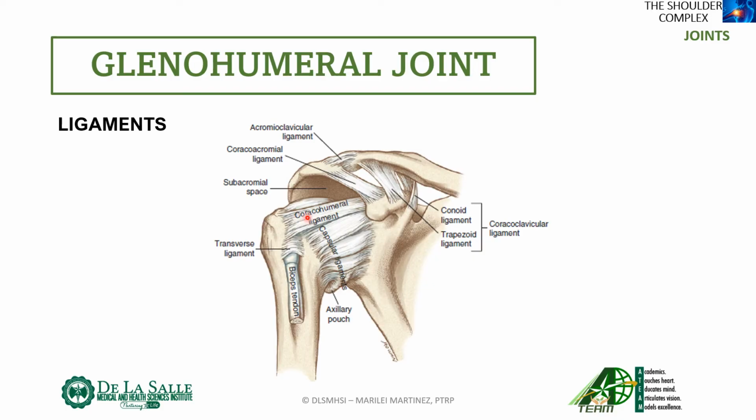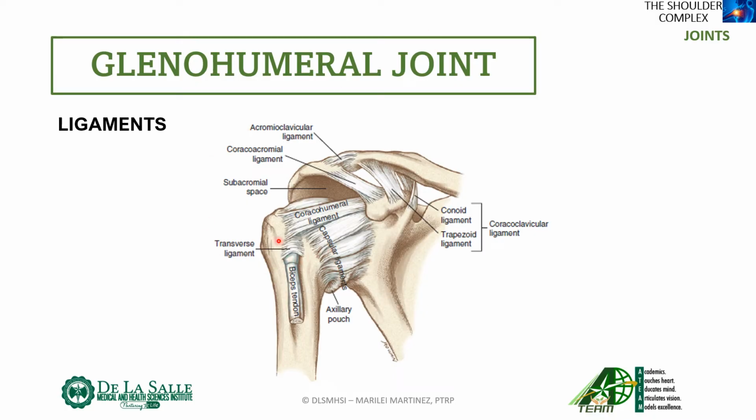Okay, so from this position, the coracohumeral ligament provides restraints to inferior translation and external rotation of the humeral head. So please remember, it provides restraints to inferior translation. Why inferior translation? Because it blends with the superior capsule, therefore it will restrain inferior translation of the humeral head and also external rotation.